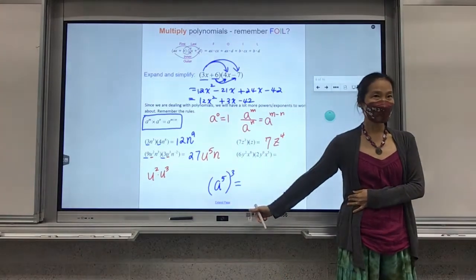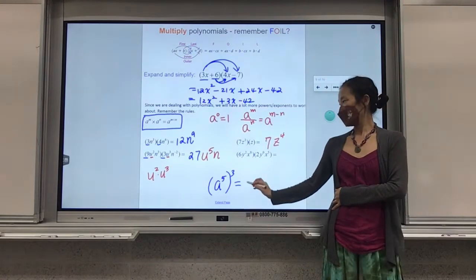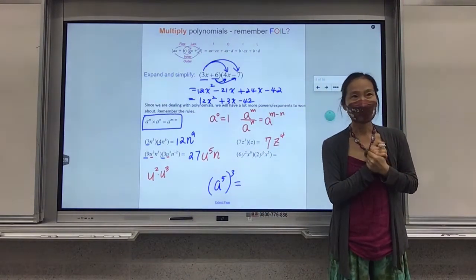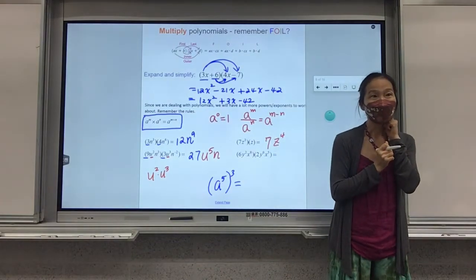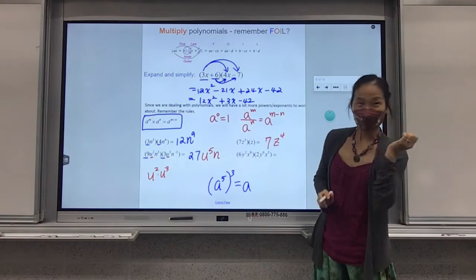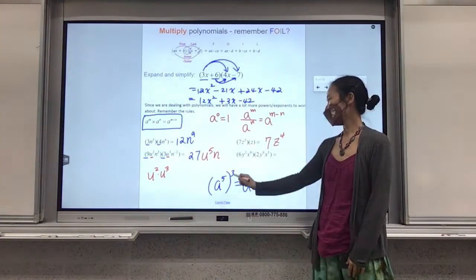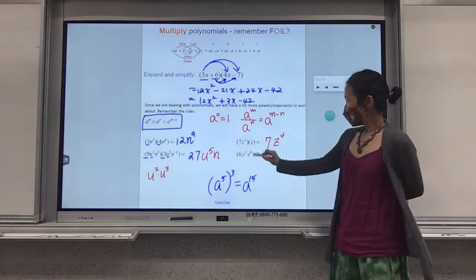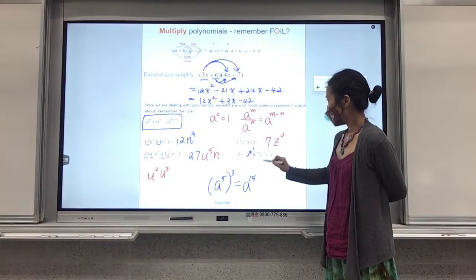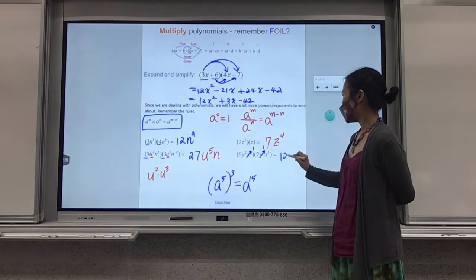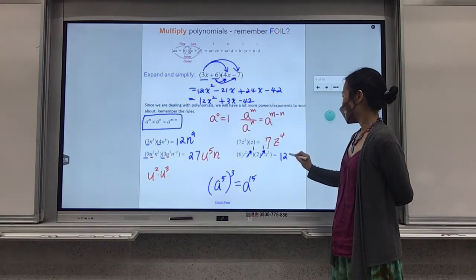Anybody know what this is? A to the power of, what is it? 15. Yes. Power to a power, you multiply. Okay, so we know this is 1. This is 1. So that is 12 x to the 5 y squared.